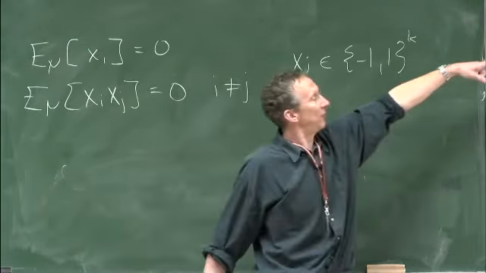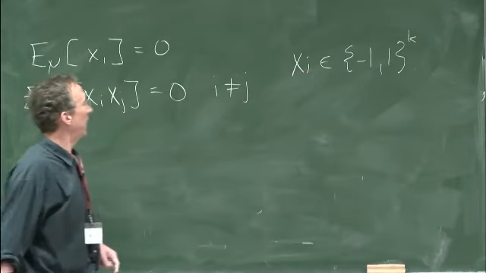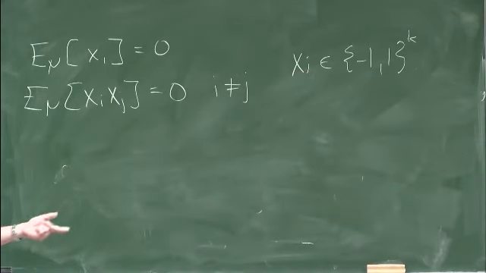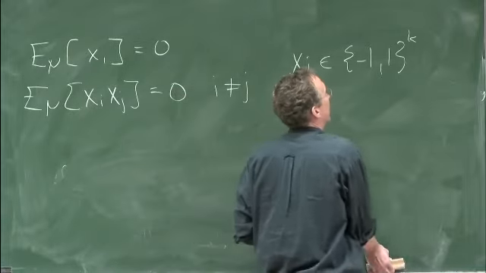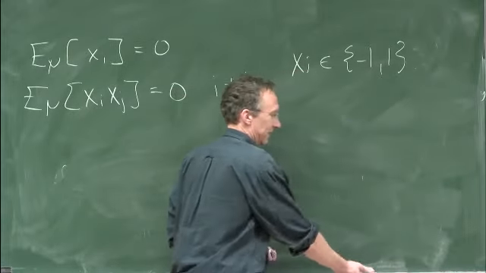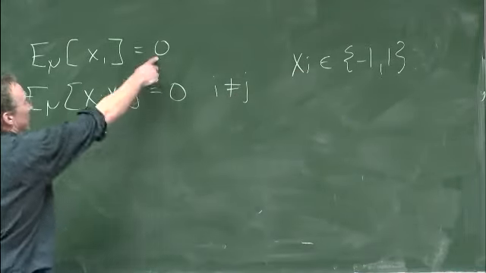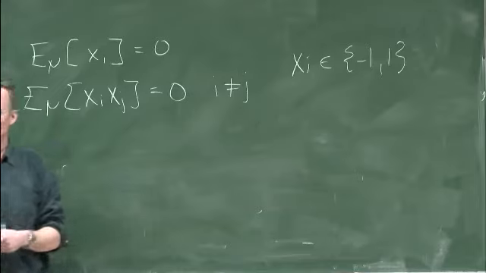And for instance, if P is parity of 3 variables, you can just take the uniform distribution on all the strings accepted by it, and it has these two properties. This was just to remind you that the zeros come from the fact that we're in ±1.